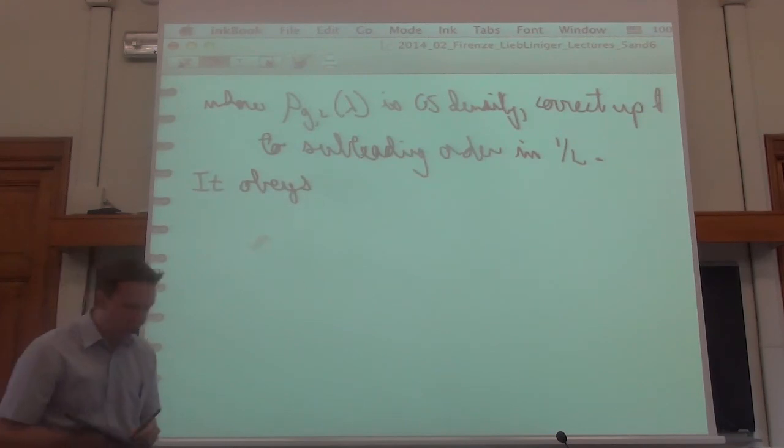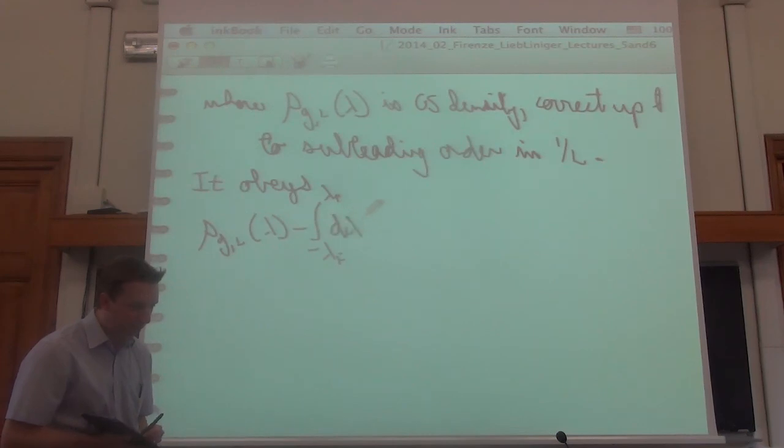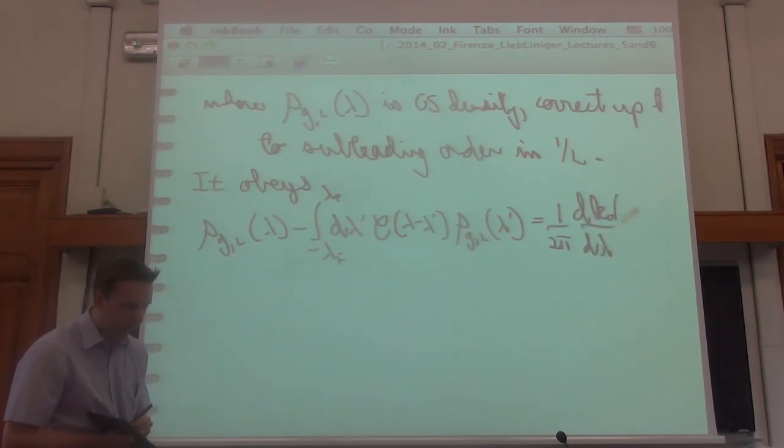Okay, so it obeys the equation as follows. So rho g L of lambda minus the integral from minus lambda f to lambda f d lambda prime, c of lambda minus lambda prime, rho g L lambda prime, okay, is equal to 1 over 2 pi d k0 d lambda, evaluated at lambda.